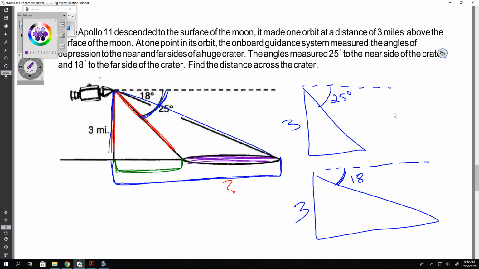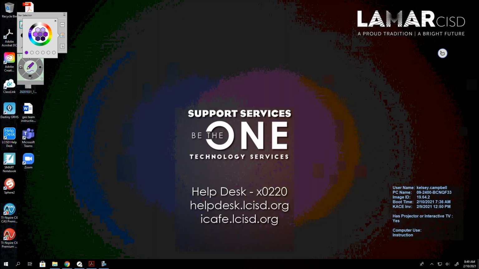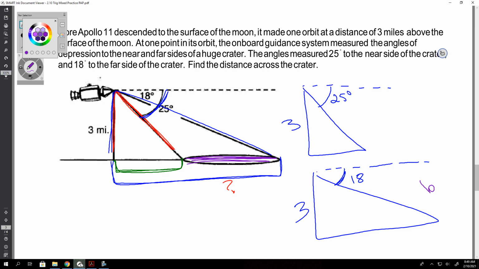So we're doing kind of the same thing. So big triangle minus the small one. And that will give you that distance across.